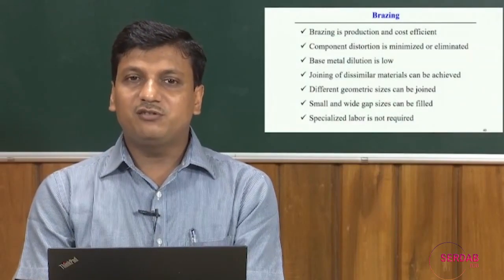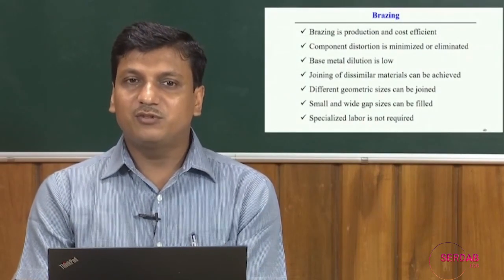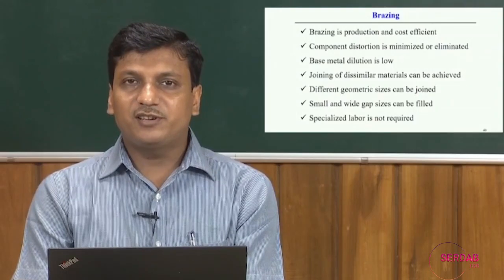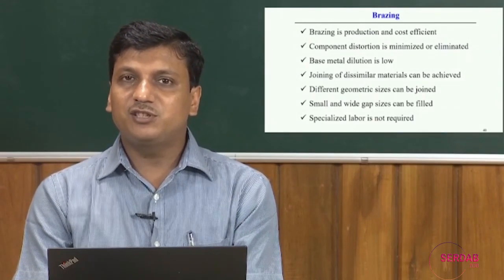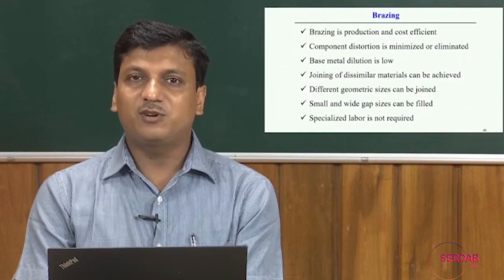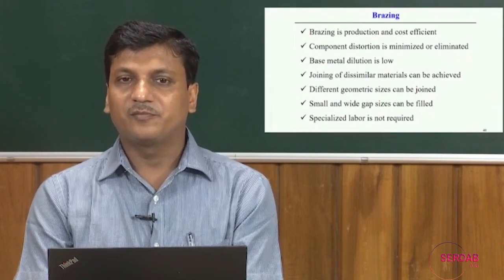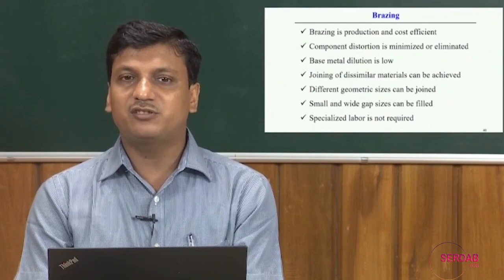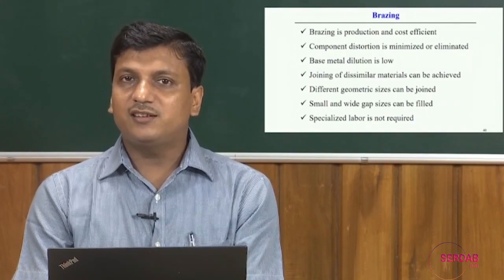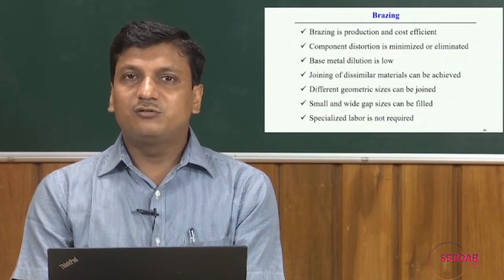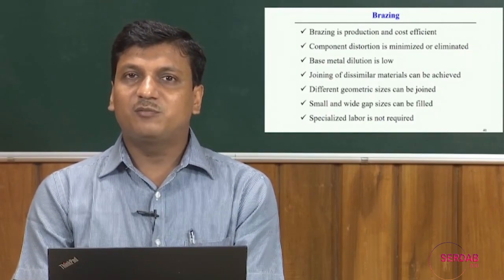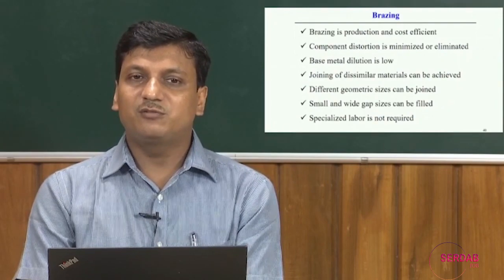That is why the dilution level is low in this process, and several dissimilar combinations of materials can be achieved using the brazing process. That is one typical advantage of this process. Of course, the joint strength may not be as efficient as in fusion welding.